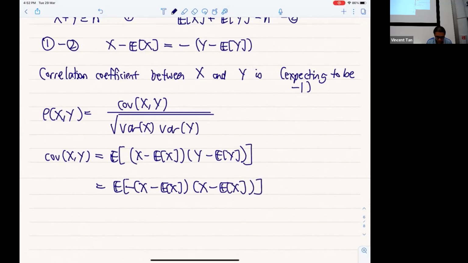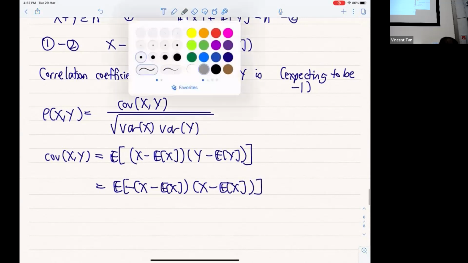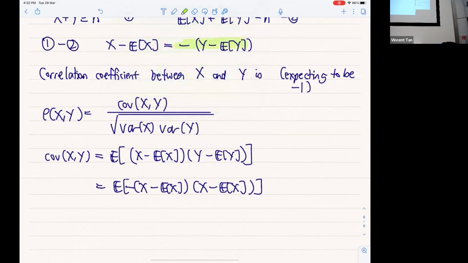I'm just plugging things in. So you have minus the expectation value of (x minus expectation value of x) quantity squared, and this is defined to be the variance of x.